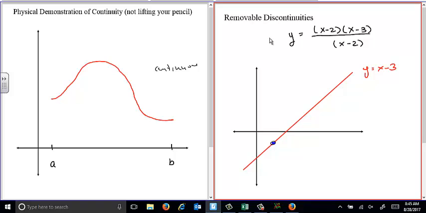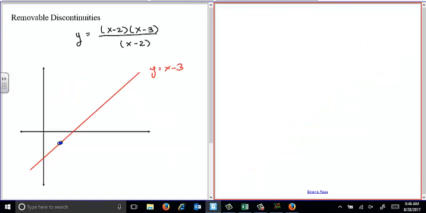Now, there are some discontinuities, meaning places where it's not continuous, where you can remove that discontinuity by redefining the function. So this is an example of a function where you have a discontinuity because the function does not exist at x equals 2. It's a hole. So the question is, how would you rewrite this function so that it is continuous? So let's add a page here.